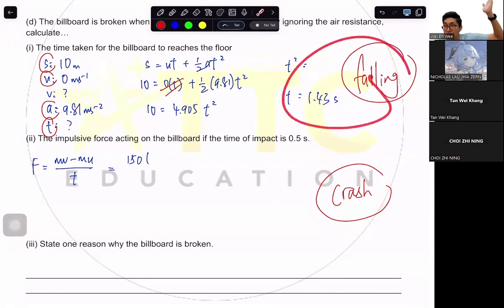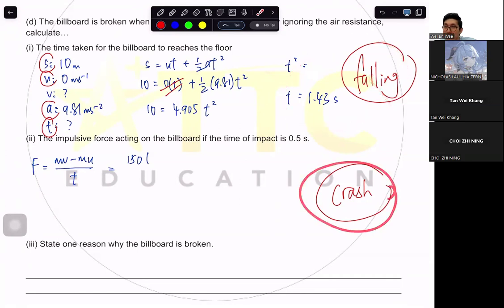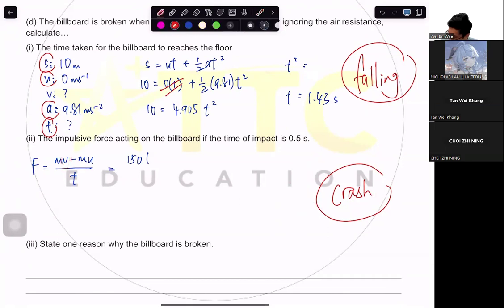Once it hits the ground, it goes boom. The final velocity is 0, because once you hit the ground, you already stop.